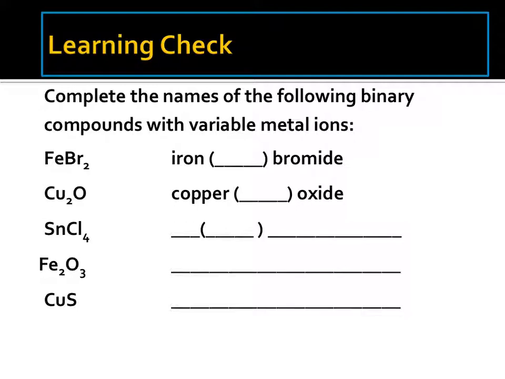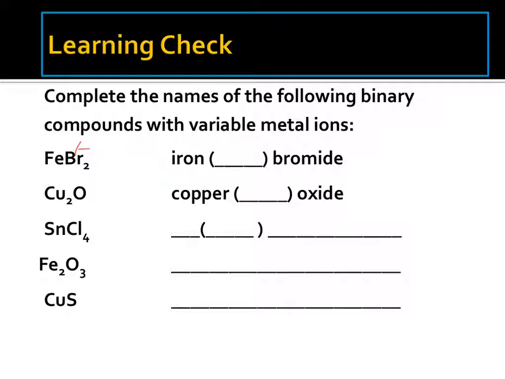Now, these have variable metal ions. This is something we'll talk more about, how to figure out the charges, a little later on, but I'll tell you now as well. Bromide is always 1 minus because it's a non-metal with a fixed charge.